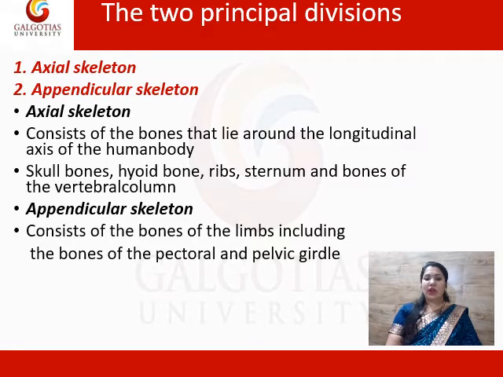Skull bones, hyoid bone, ribs, sternum and the bones of the vertebral column come in this category. The appendicular skeleton consists of the bones of the limbs, including the pelvic girdle and the shoulder pectoral girdle. There are a number of bones under this heading, and we will discuss these appendicular skeleton bones in today's class.